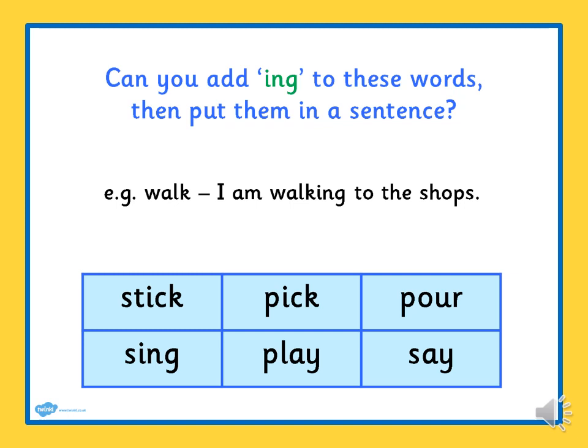Pause the video for around a minute and add an ing to the following words to change them to, what tense was it? Well done, present tense. And then put them in a sentence. So stick, pick, pour, sing, play, and say.